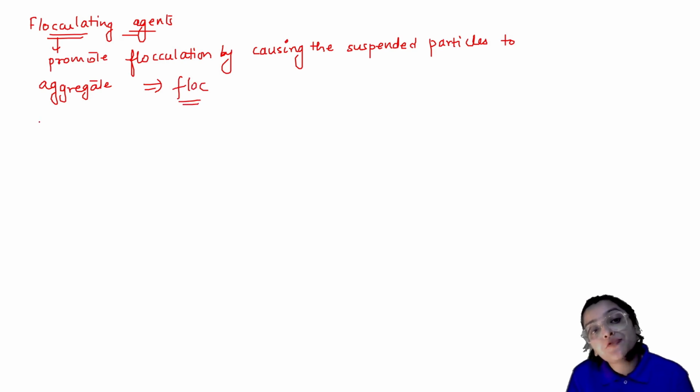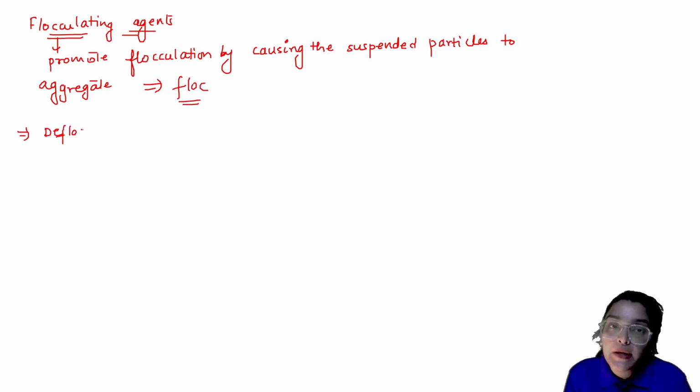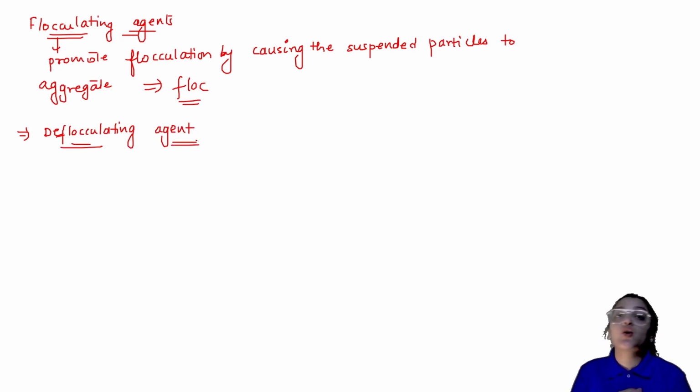The agents which break these flocks or prevent this flocculation will be termed deflocculating agents. It is very understandable from the name itself that the flocculating agents are going to promote flocculation, the flock formation, the aggregation, but the deflocculating agents are going to prevent the flocculation.